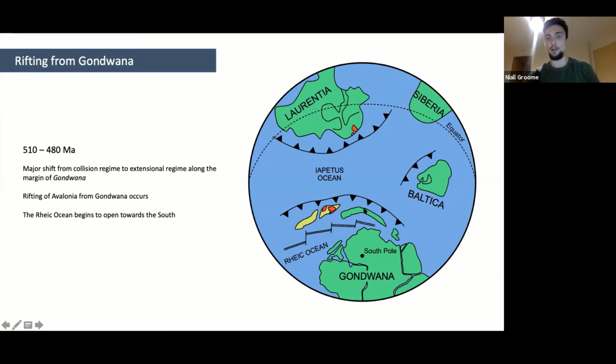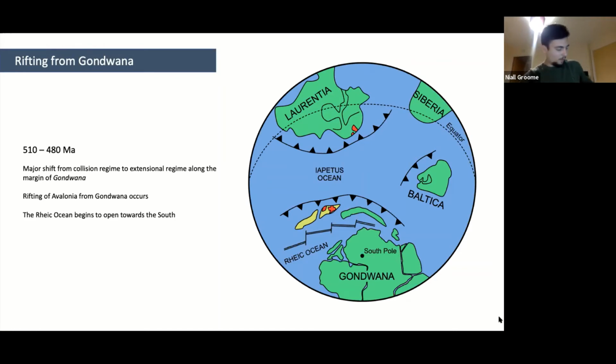And the UK is similarly ahead of those in mainland Europe, so Spain and Bohemia, for example. So we have this kind of systematic unzipping of the margin of Gondwana, starting with Western Avalonia and traveling along through to Cadomia.